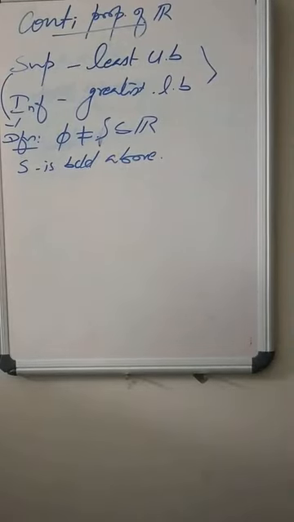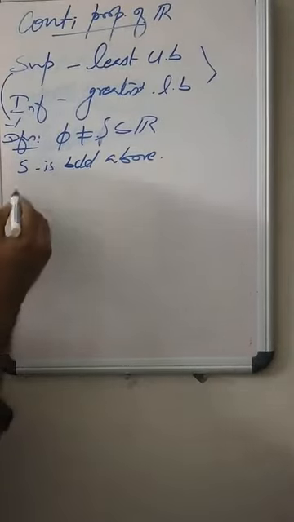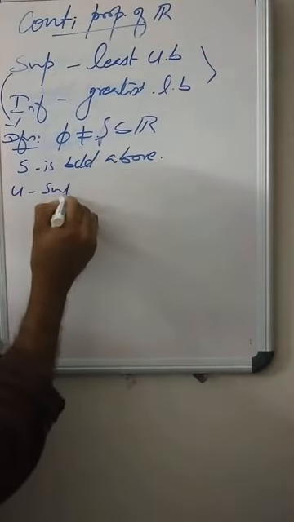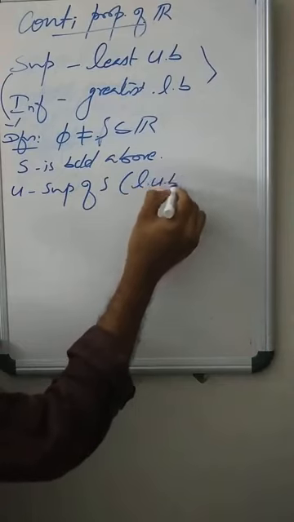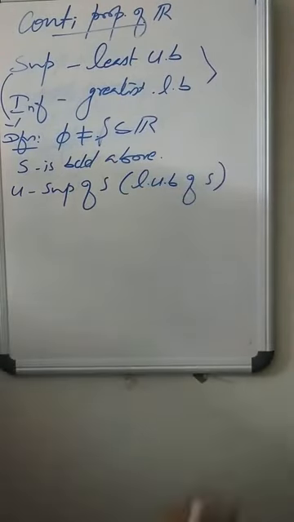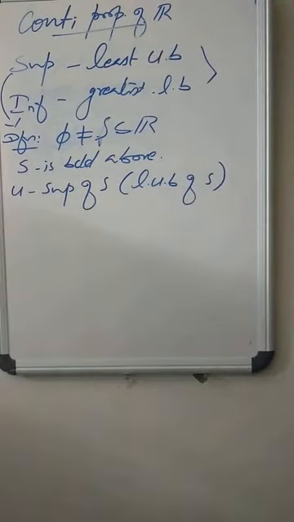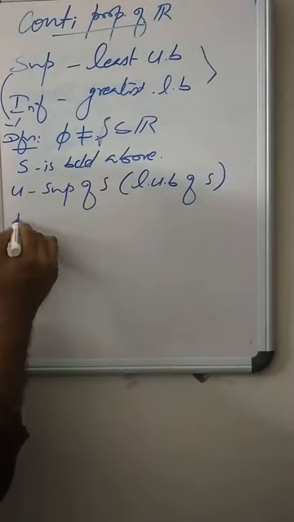Then a number u is said to be the supremum of S, or least upper bound of S, only when there are two conditions.